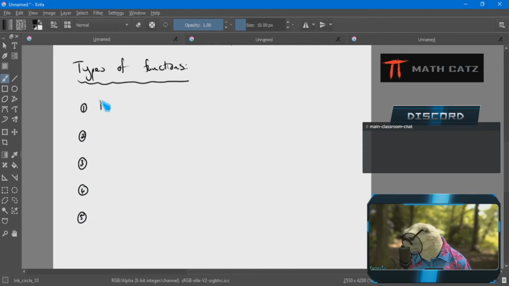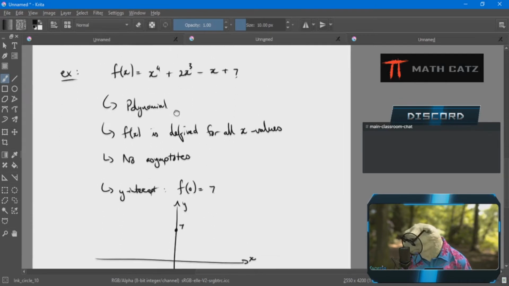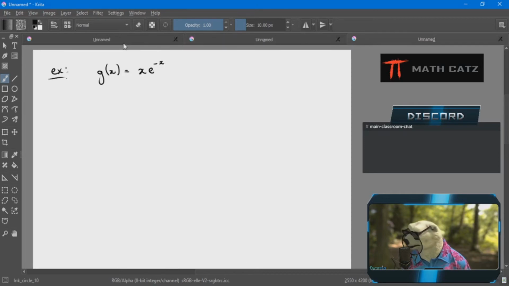The first one is, of course, we've seen a polynomial. Polynomials. So, of course, I need to eventually make sure that I do all the steps for polynomial examples. That is one example.